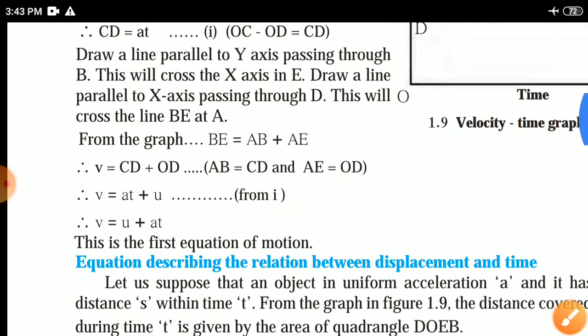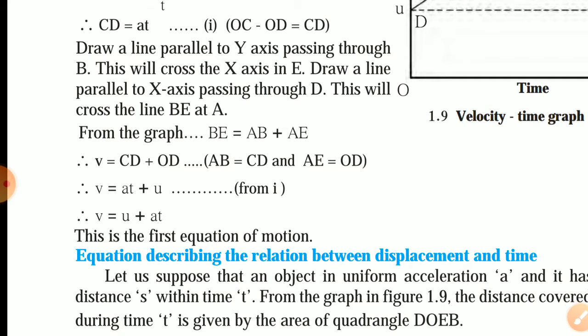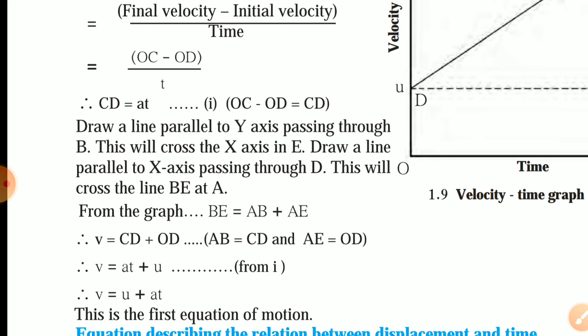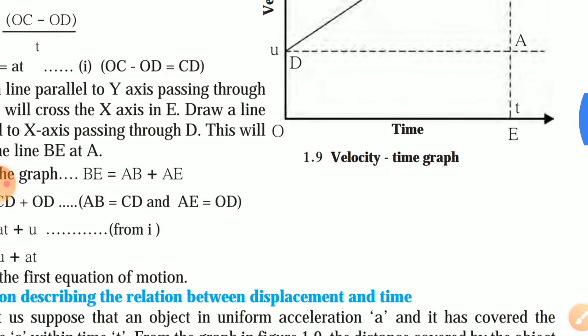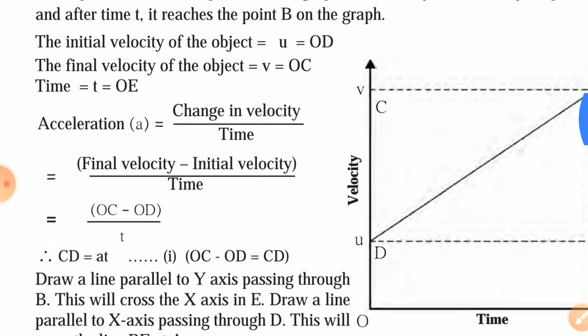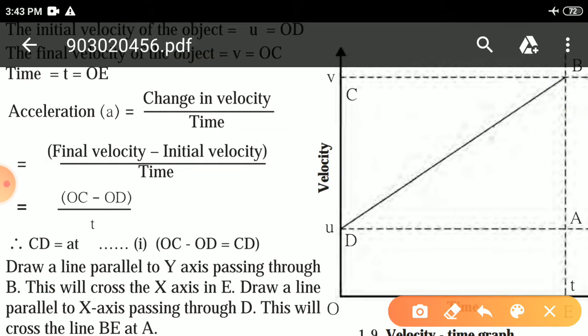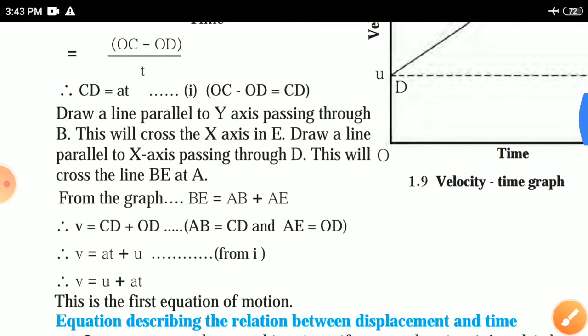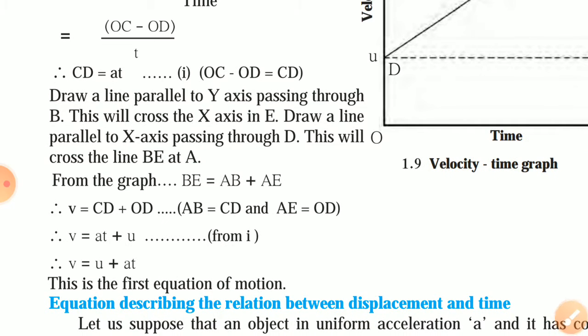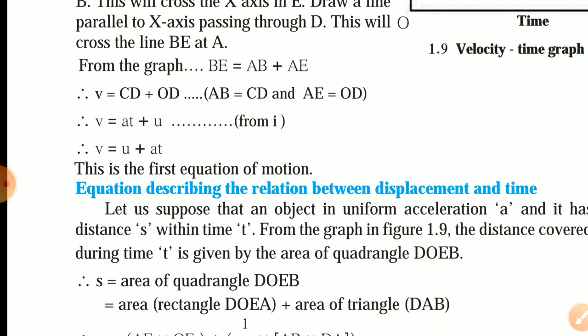CD we have already calculated in the first equation: CD is equal to at, and OD is the initial velocity. Now from the equation we get v is equal to at plus u. Therefore v is equal to u plus at. This is the first equation of motion.